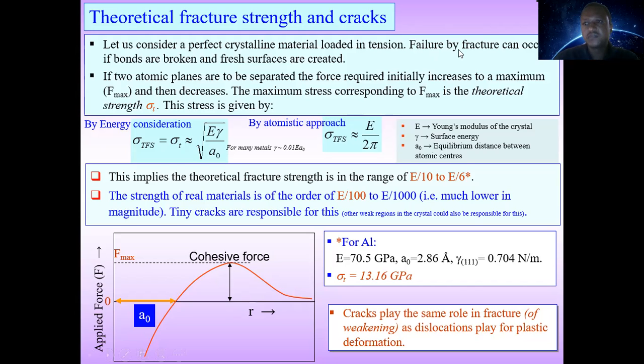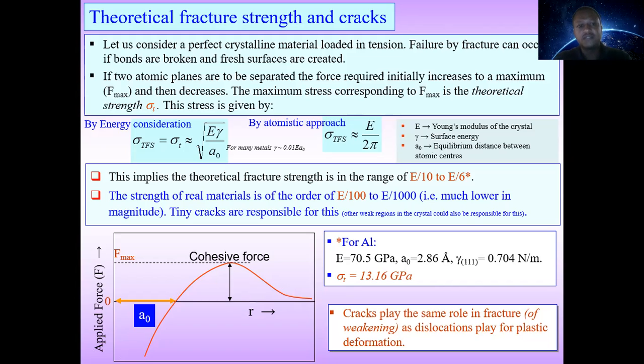Failure by fracture occurs if the bonds are broken and fresh surfaces are created. If two atomic planes are to be separated, the force required initially increases to a maximum F max and then decreases. The maximum stress corresponding to F max is the theoretical strength sigma T.